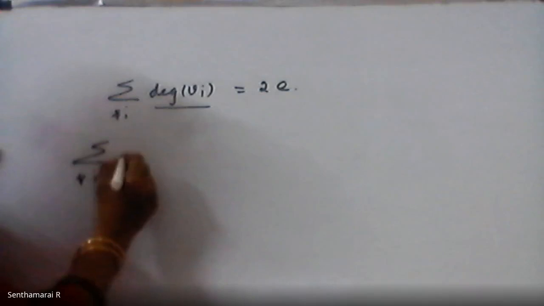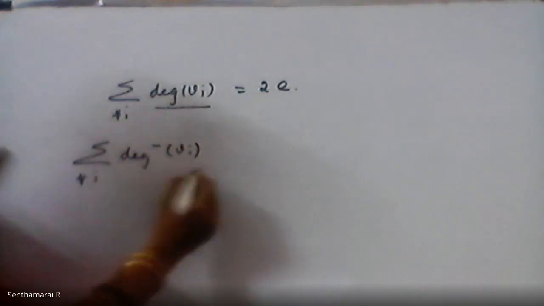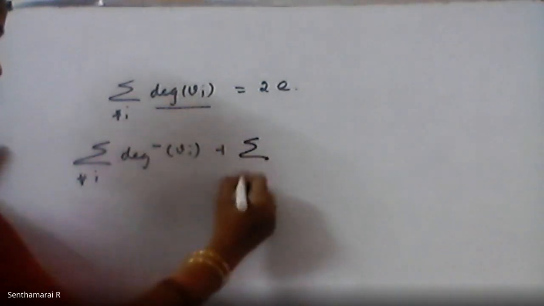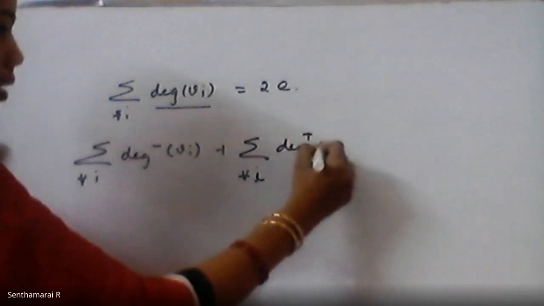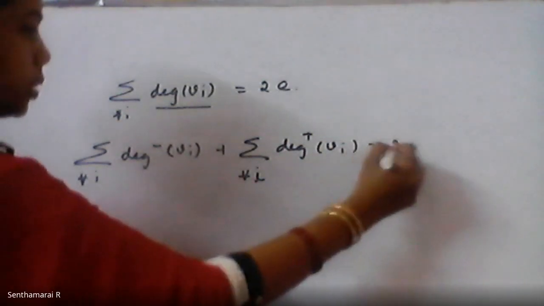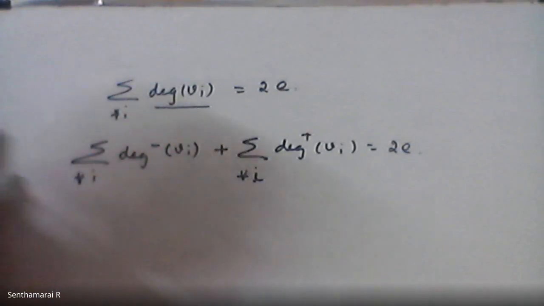For all i, degree minus of Vi, plus for all i, degree plus of Vi, equals 2 times of E. So the in degree plus out degree equals 2 times the number of edges.